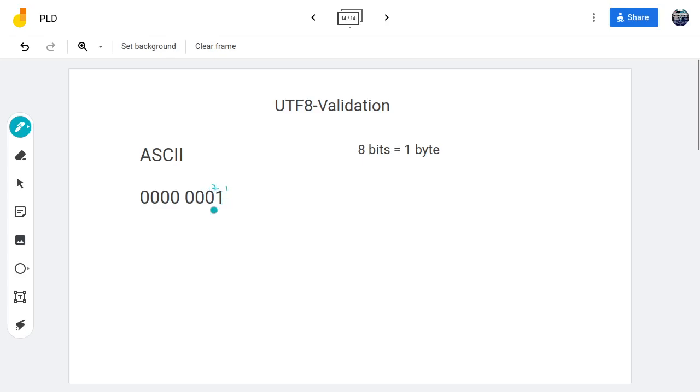Usually when you're converting to decimal, you give this one an index of 0, because we are working with 2. So this will be 2 raised to power 0, index 0, index 1, index 2, that way. 2 raised to power 0 is 1, anything raised to power 0 is 1. 2 raised to power 1 is 2, anything raised to the power of 1 is the same number. So it keeps increasing.